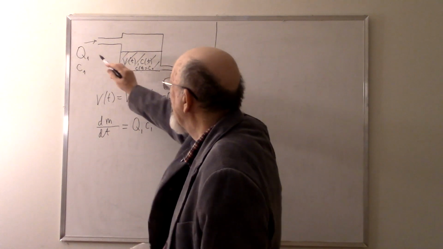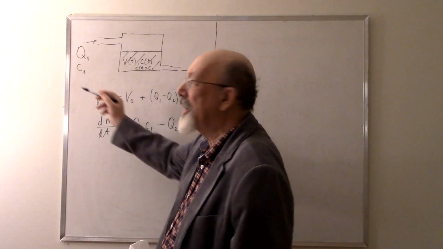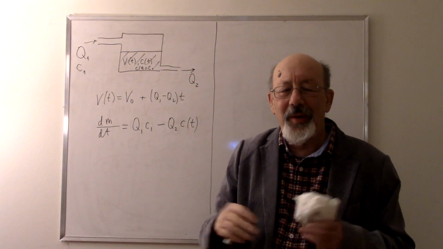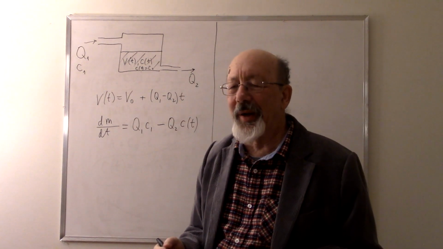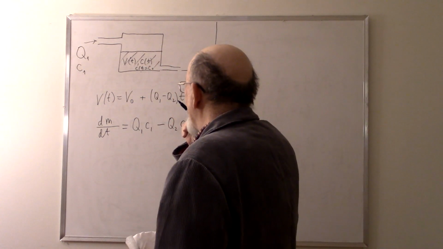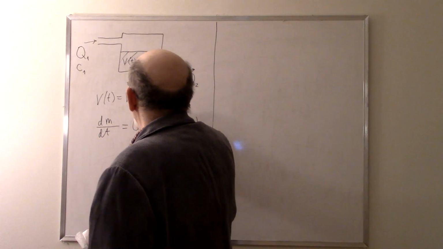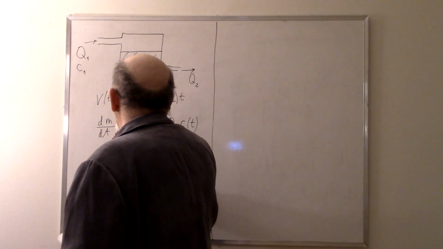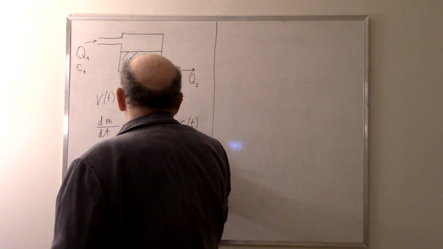Here enters the water with concentration C1, and here exits water with concentration C of t. And this concentration is constant, and this is variable. And now let us express M in terms of concentration. M of t equals C of t times V of t.